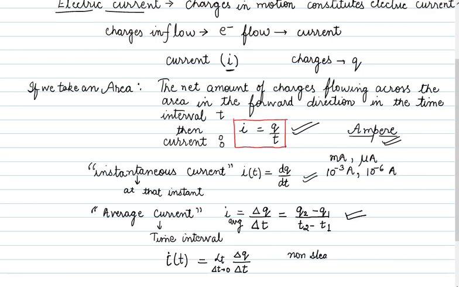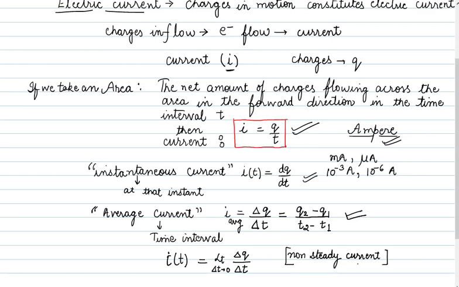Non-steady current means the current is not steady with time. The current is varying. So whenever you use non-steady current, you have to use this variation in charge, variation in time, and the limit delta t tends to 0.